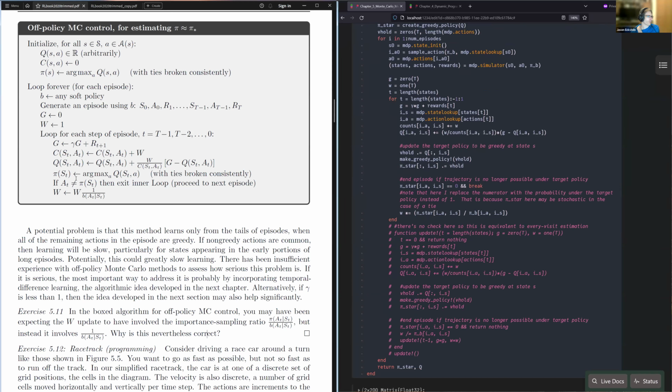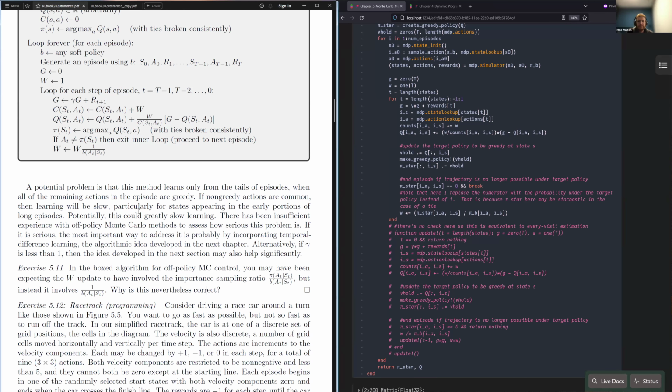So you either have to break ties consistently. I'm not sure what that means actually. I think that just means that if you break a tie in one direction, you have to break it in that direction always. So in my case, instead of breaking ties, I'm just creating a stochastic policy that has equal probability of the optimizing actions.